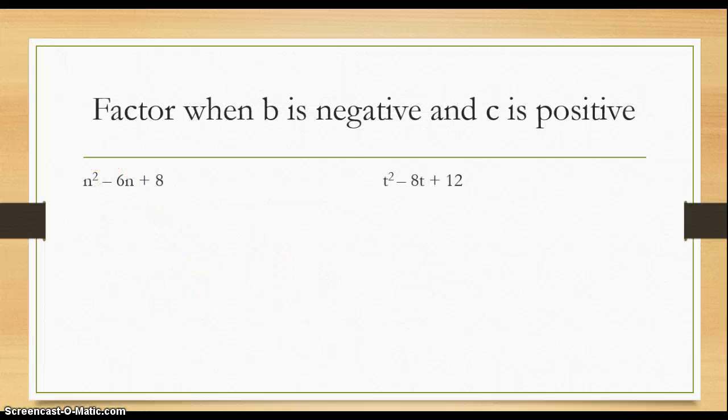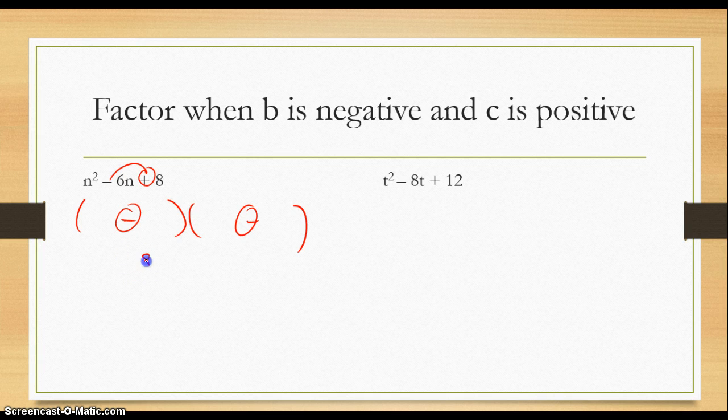So what happens when b is negative and c is positive? Well, I told you before, if your c is positive, you follow the first sign. So c is positive, follow the first sign in both your parentheses. So now I'm going to have a minus minus. Okay? Same thing. We're going to treat this the same. If our signs are the same inside our parentheses, we're going to treat it the same way.